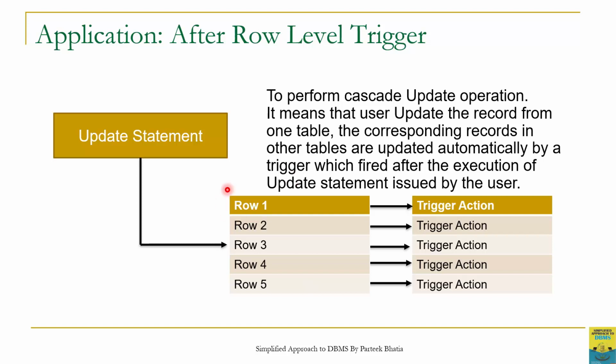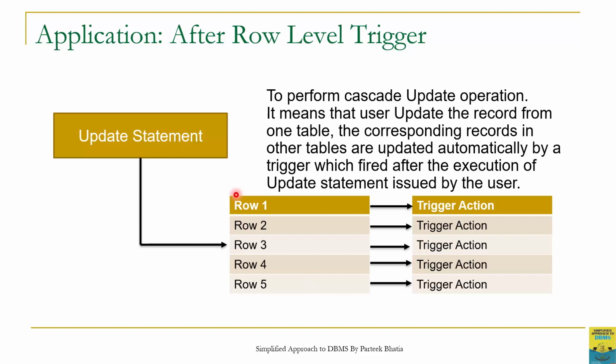It means after updating row 1, the trigger action will be performed and it will update the corresponding row in another table. After updating row 2, the trigger action is again performed and it will update the corresponding row in another table. In the same way, after updating the third row, the trigger action is again performed and it will update the corresponding row in another table.